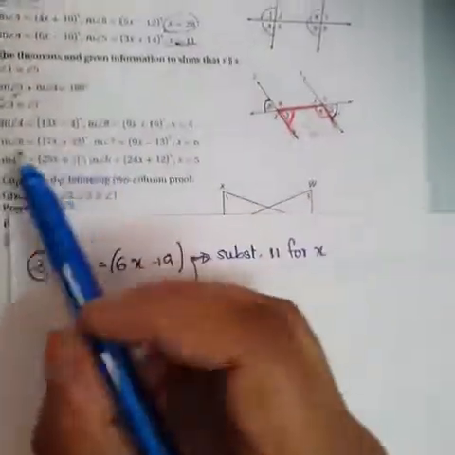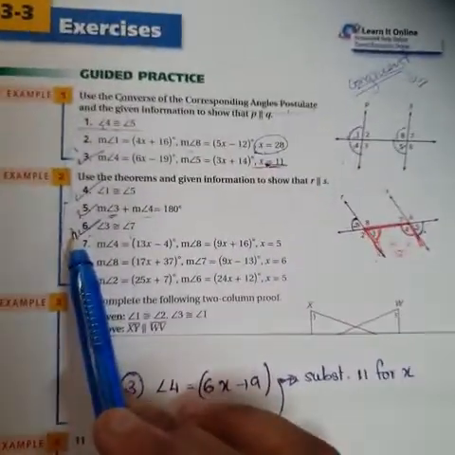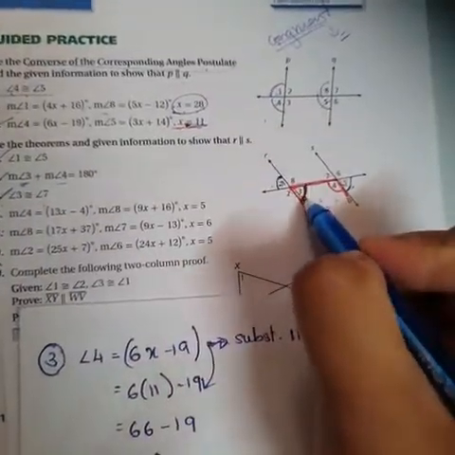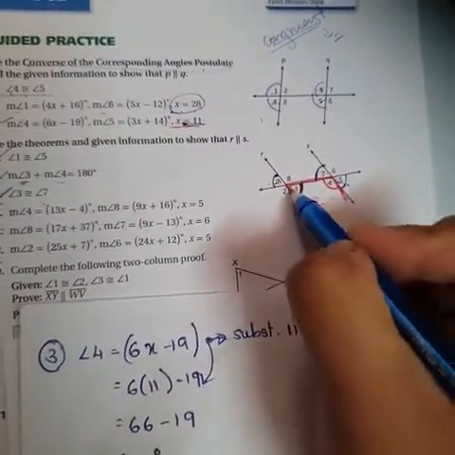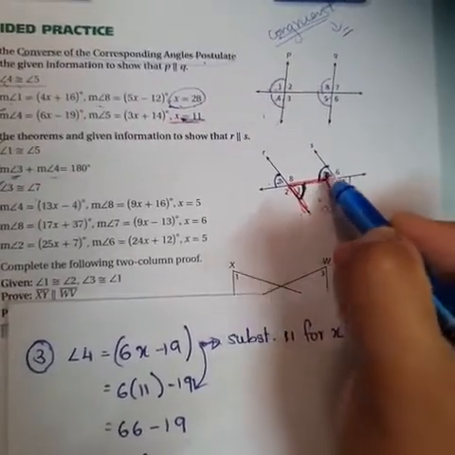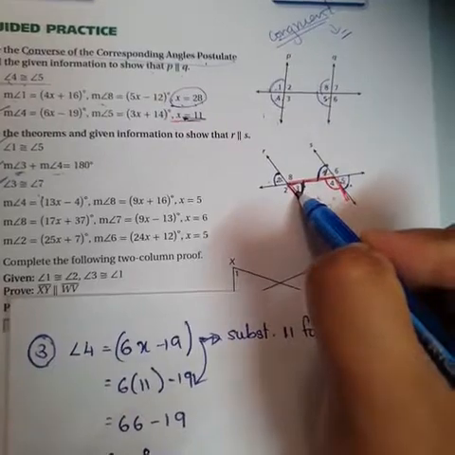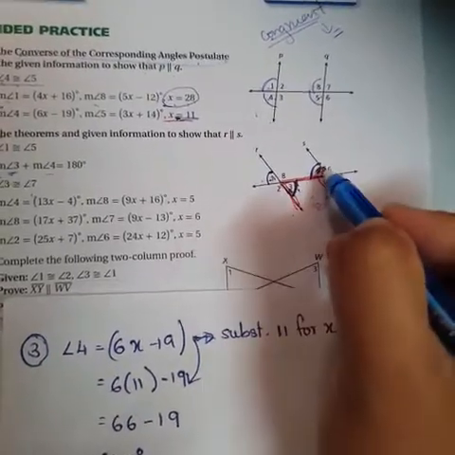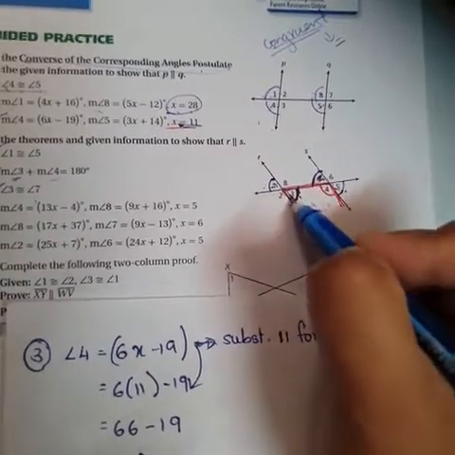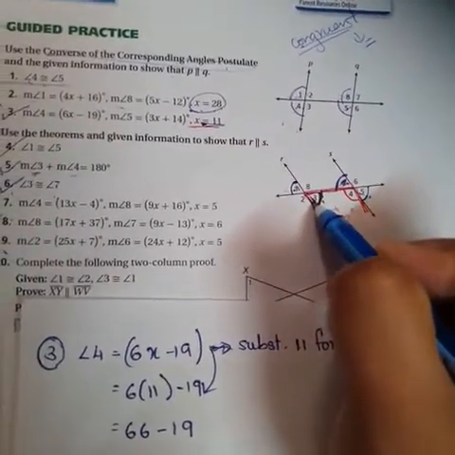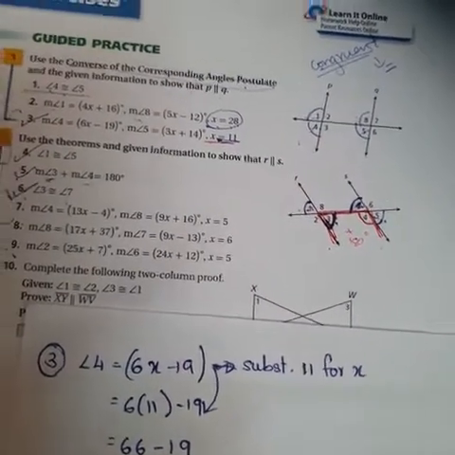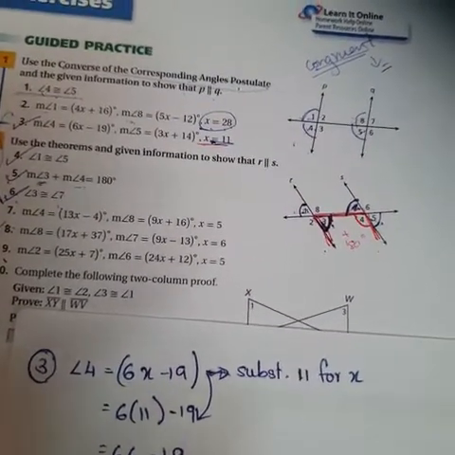Okay, moving on to question number 6, which is angle 3 is congruent to angle 7. So which is angle 3? This is angle 3, and again they're talking about angle 3 and angle 7. So the name of these angles are, right, alternate interior angles, right? So which theorem are you going to be using for this? Of course you have to use the converse of alternate interior angles theorem.